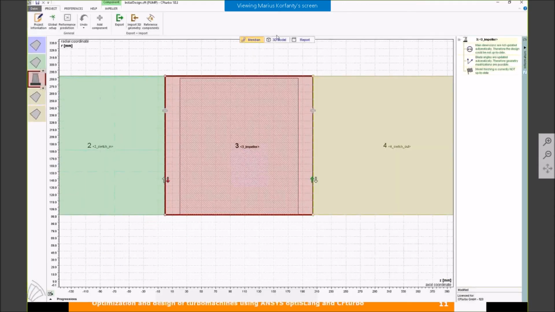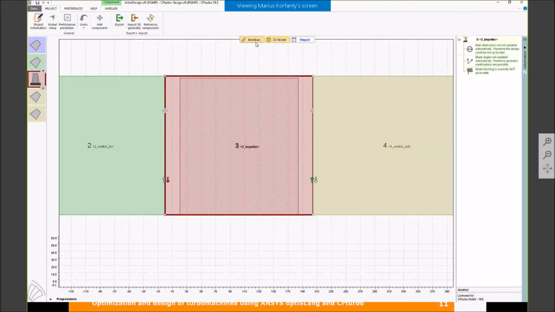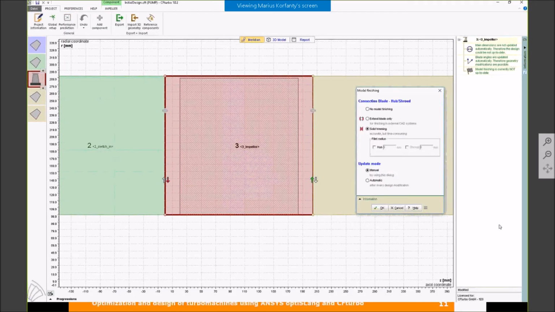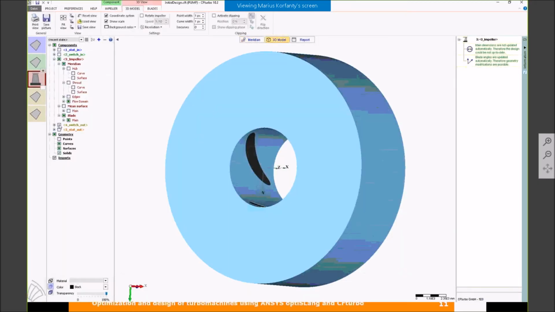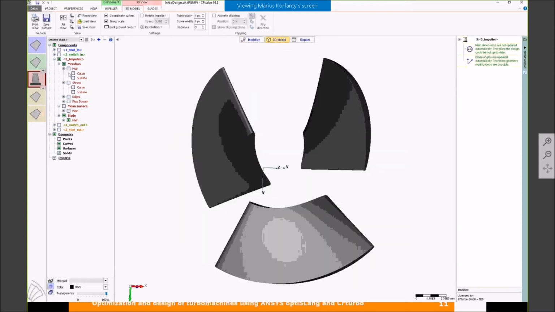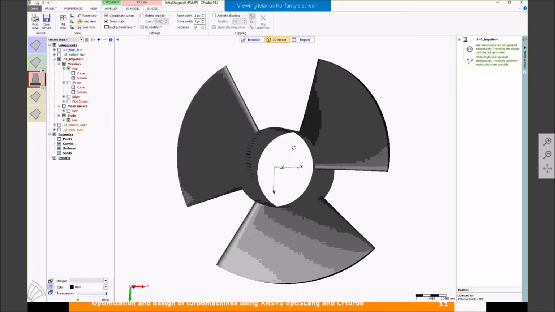At the end, we get the design of our pump.